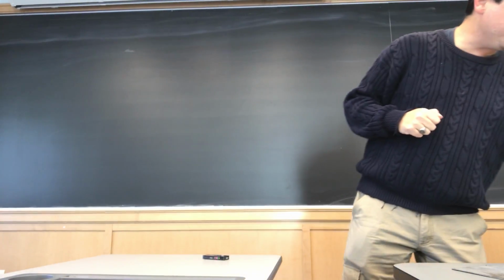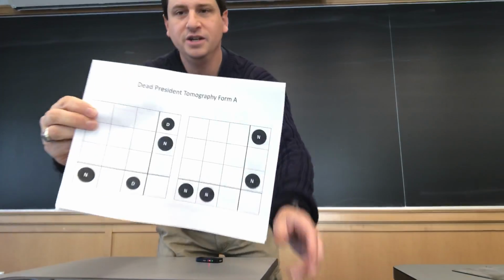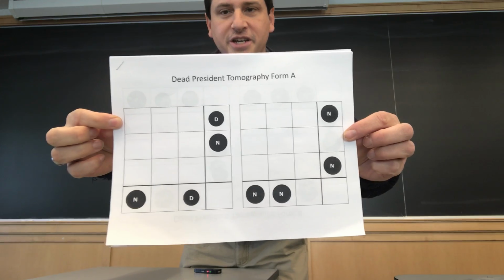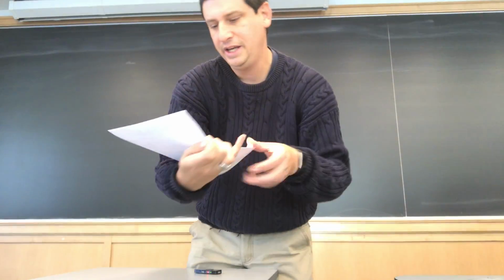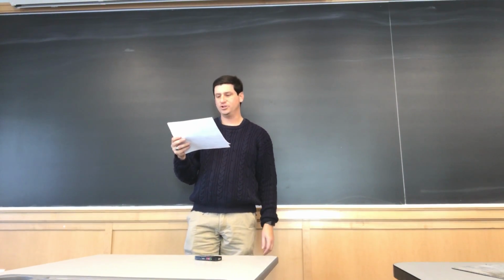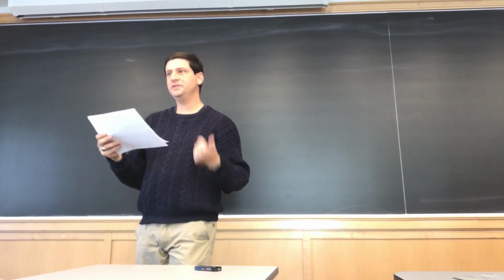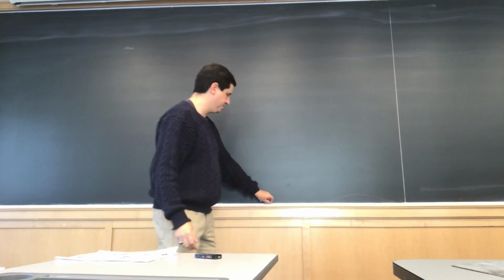So what we're doing here is we're going to start off with a two-dimensional problem. Here is a view of the first page. If you look at this, the objects have different sizes. We have pennies, nickels, dimes, and quarters.